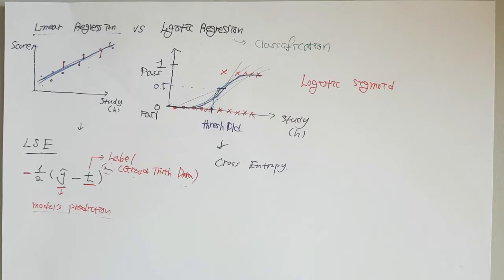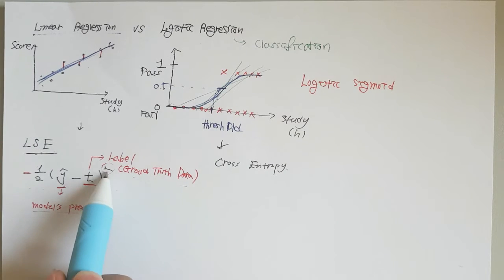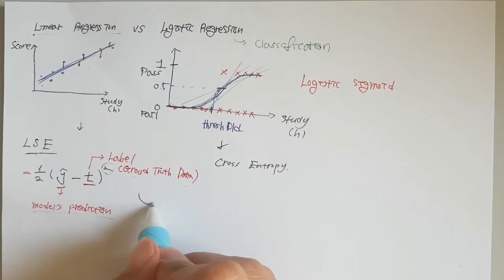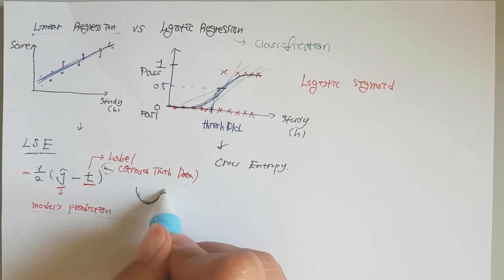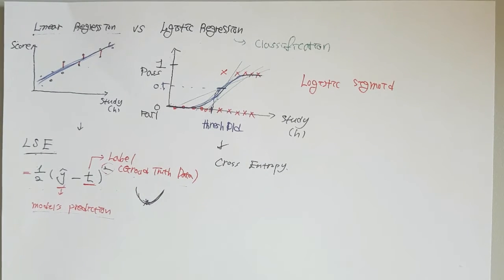However, for cross entropy, we cannot use this least square error, because the merit of using least square error is that this function is quadratic, so it is convex. So it's easy to find the optimum value.